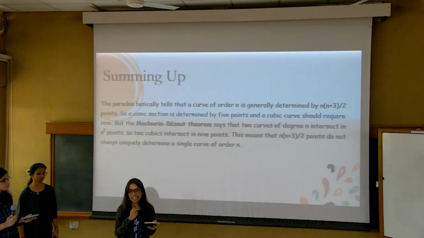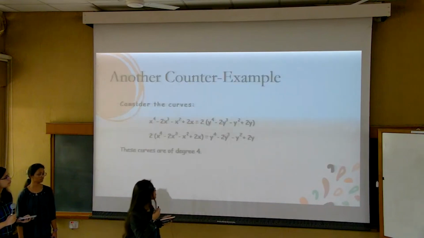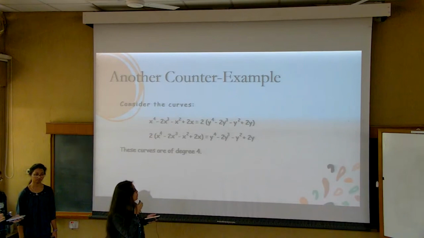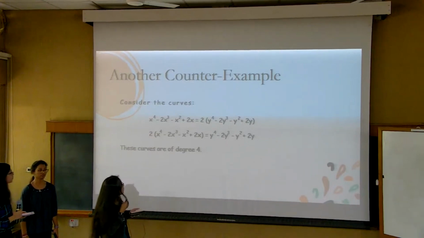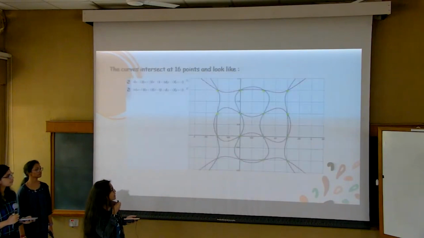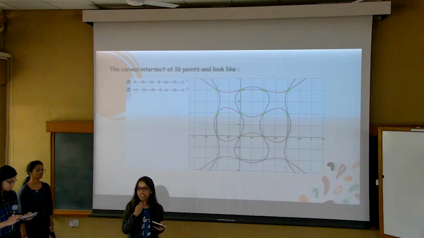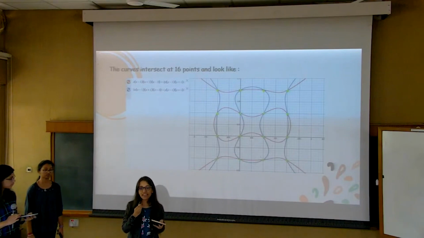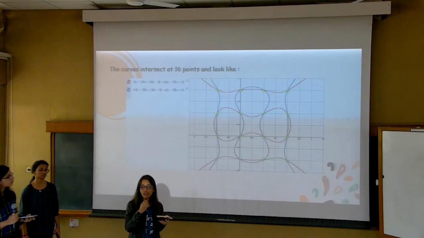So with this level of understanding, let us look at more examples to make the point clearer. Here we have two curves which are of degree 4. By Bézout's theorem, they must be intersecting at 16 points, as you see here. But by Cramer's theorem, 14 points are sufficient and necessary in general to define a curve of order 4.